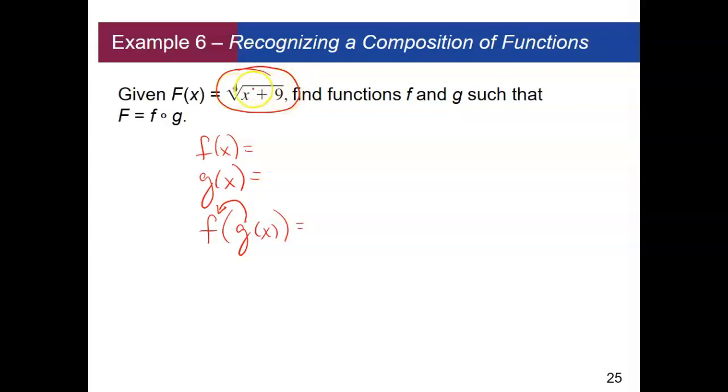You want to look to what's inside to be the starting function. So I'm going to let the x plus 9 be the g, and then I'm going to put that into a function that's the 4th root of x. And just double check it. If I were to put this in, I would get the fourth root of x plus 9, and that's what I'm looking to find there.